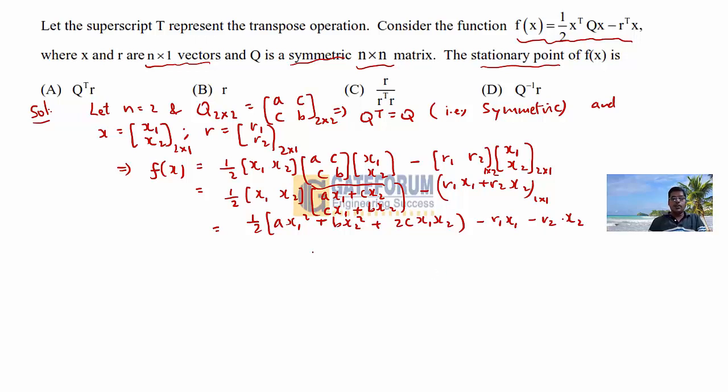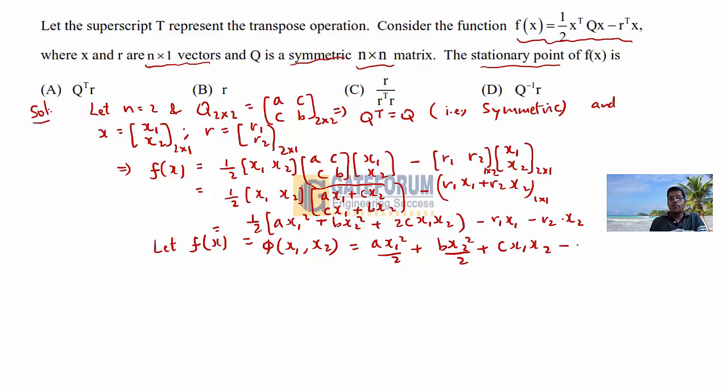Okay. Now this is a two variables function. Let f of x is equal to phi of x1 comma x2. Let us take the two variables x1 x2 equal to ax1 square by 2 plus bx2 square by 2 plus cx1 x2 minus r1 x1 minus r2 x2.